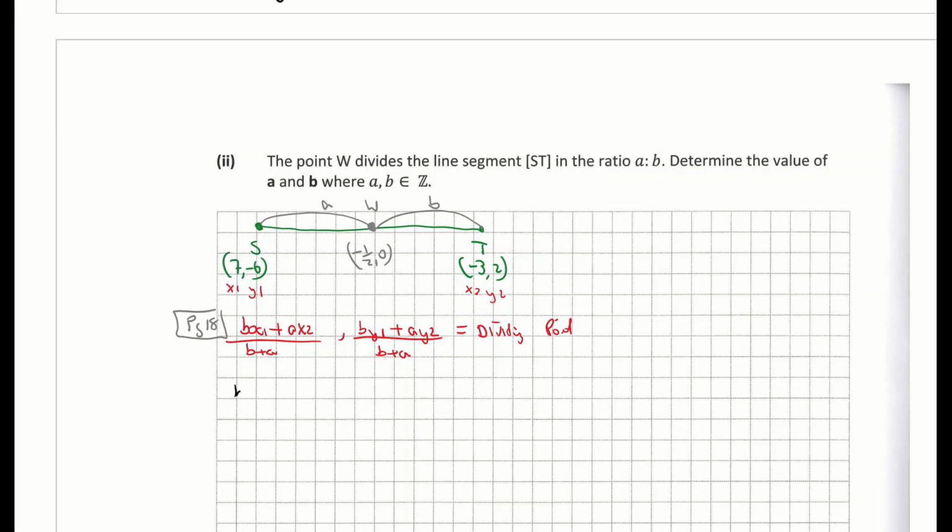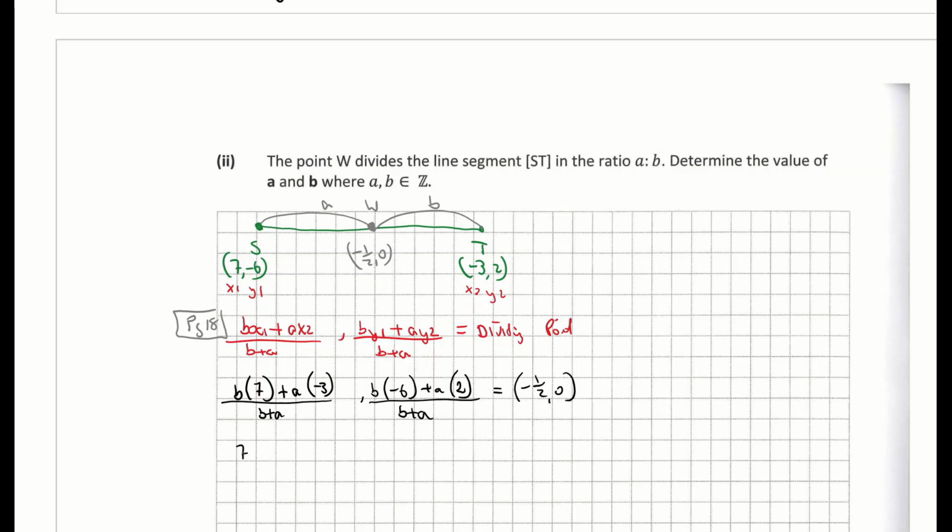So filling that in, I don't know my A and B, so keep them as B and A. So it is B multiplied by x1, which is 7, plus A times x2, which is minus 3, all over B plus A, comma B times y1, which is minus 6, plus A times y2, which is 2, all over B plus A, and that is equal to my dividing point, which is minus a half, 0.